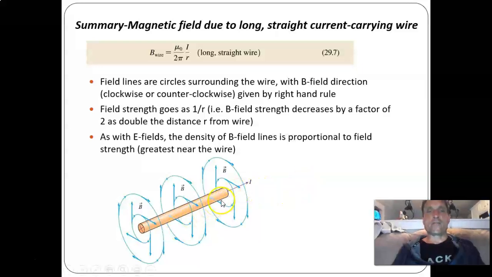And if you're drawing the field lines, as you will be expected to do on an exam or a quiz, the density of field lines is greatest where the field is strongest, so the lines are closer together near the wire, and the field lines are further apart, further away from the wire where the field is weaker.